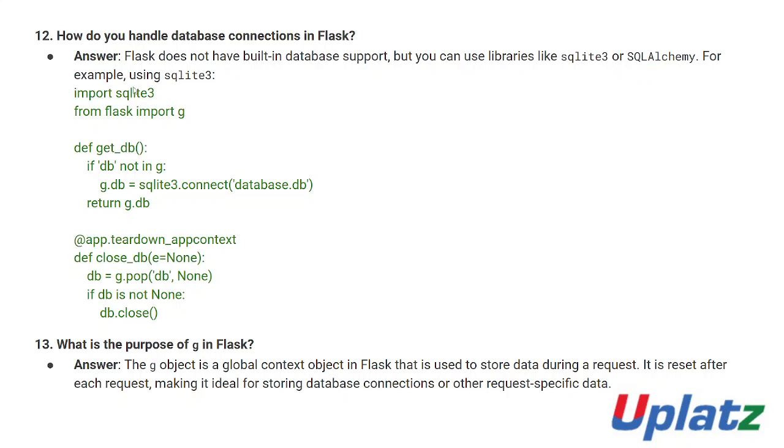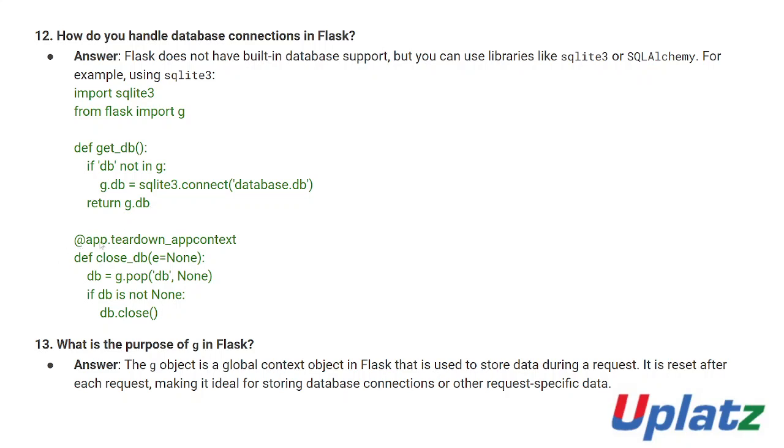For example, using SQLite3, import sqlite3, from flask import g, then def get_db function. If 'db' not in g, that is the global component, then g.db = sqlite3.connect('database.db'), and then from outside the if, return g.db.